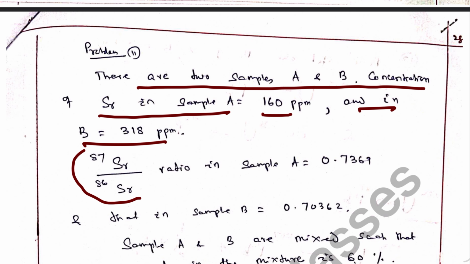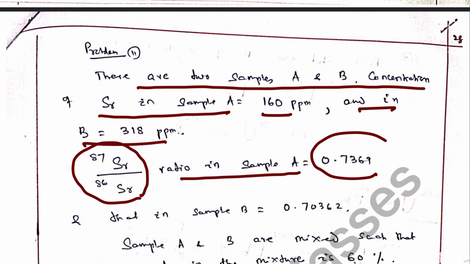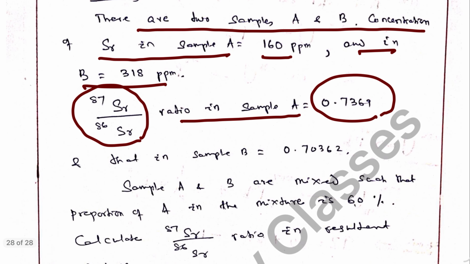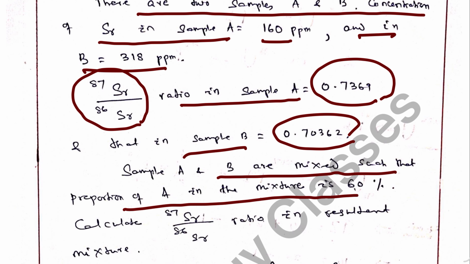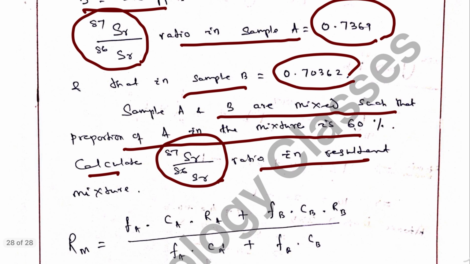The strontium 87 by strontium 86 ratio in sample A is 0.7369 and that in sample B is 0.70362. Samples A and B are mixed such that the proportion of A in the mixture is 60%. Calculate the strontium 87 by strontium 86 ratio in the resultant mixture.